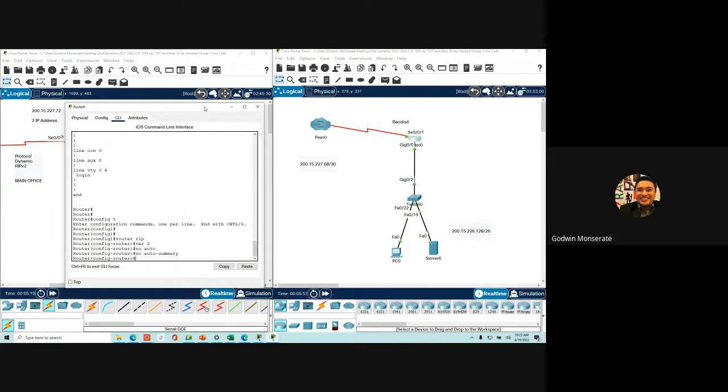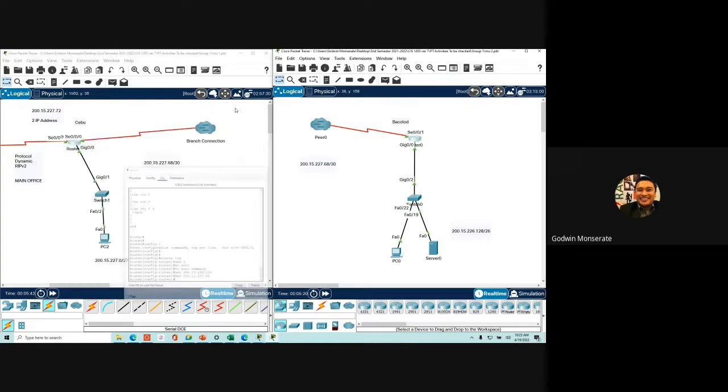So the network present is the 215.226.128 and the 215.227.68. Nakasabot? Klaro ba? Yes, sir. So, network 215.226.128 and network 227.68. So that case, kaninga router karon iyan ang i-advertise, iyan ang ipasa dito sa kaninga router.